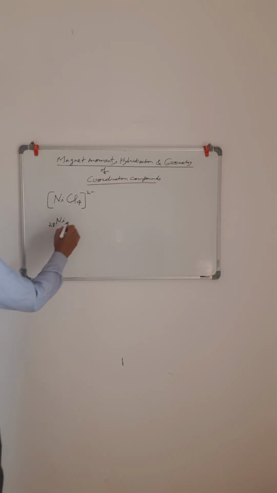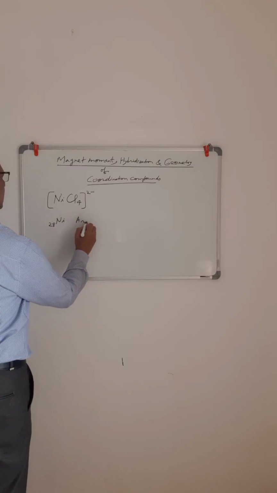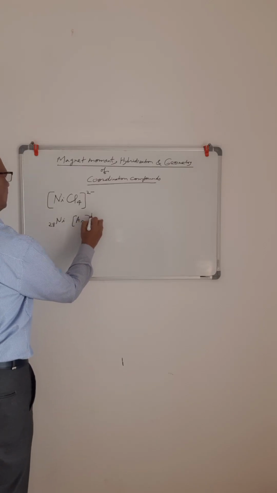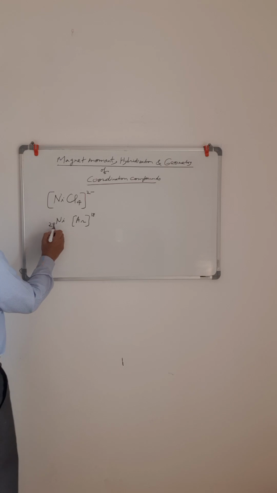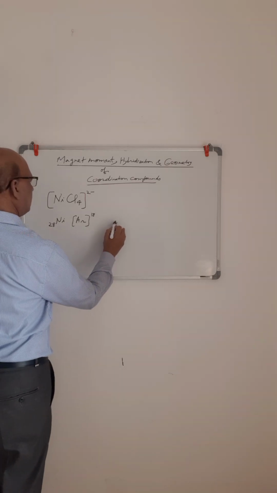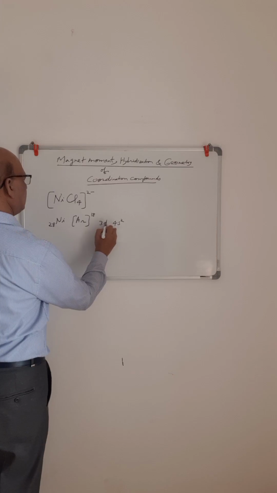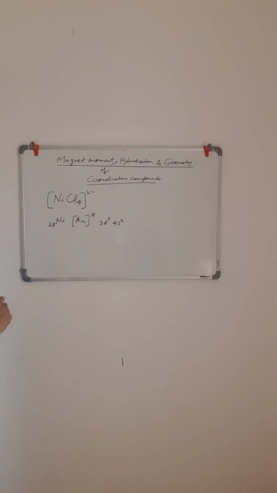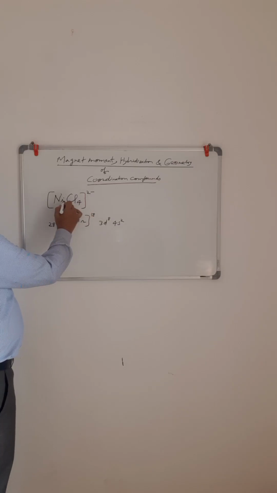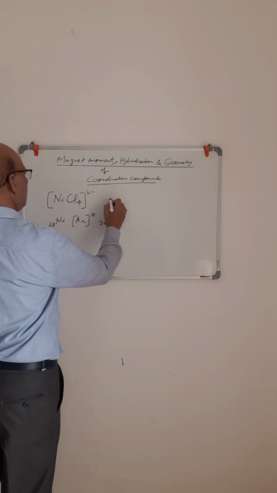So this will be argon 18, remaining 10 electrons, so it will be 4s2 and 3d8. Okay, now what is the oxidation state of nickel in this compound?